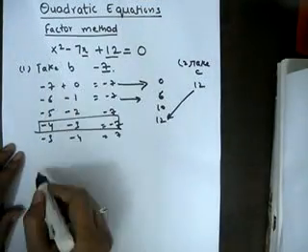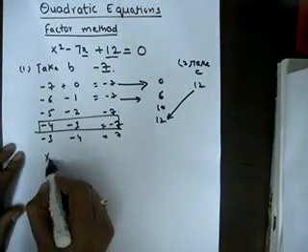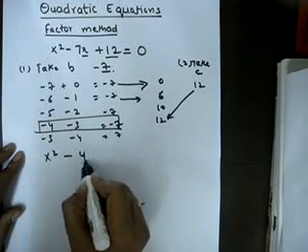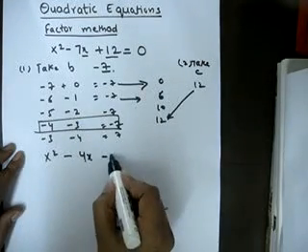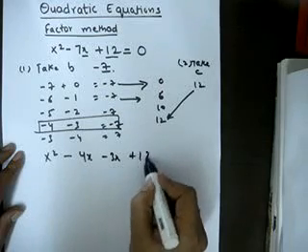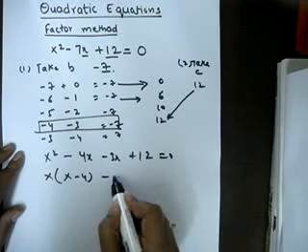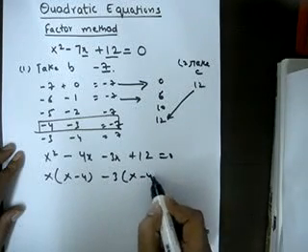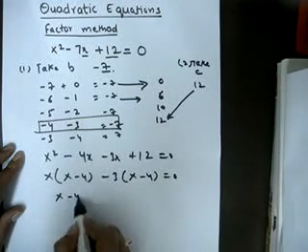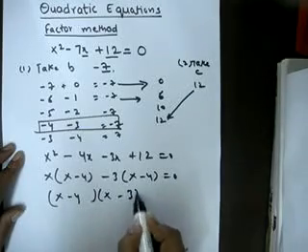So now I'll just break this into these two terms. I'll write -7x as -4x minus 3x plus 12 equal to 0. Again, I'll just take this common. So I'll get (x minus 4)(x minus 3) equal to 0.